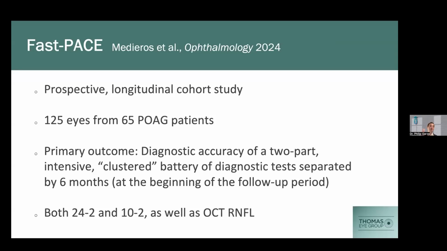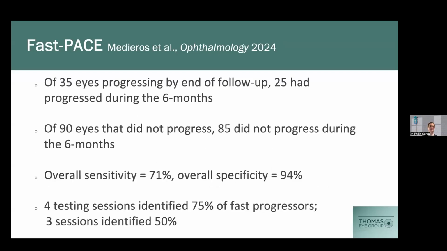It looked at patients over 2 years, but the testing strategy being evaluated happened at time of enrollment and 6 months later, with a series of clustered intensive testing at that 0 and 6 month mark. And it involved both 24-2 and 10-2 visual fields, as well as OCT RNFL, notably not ganglion cell complex.